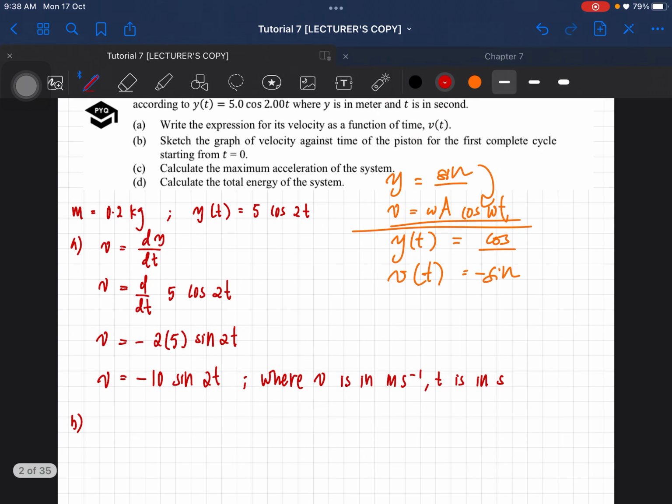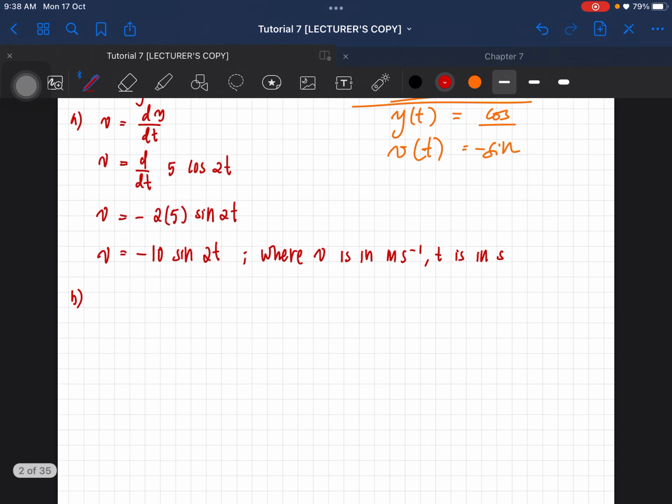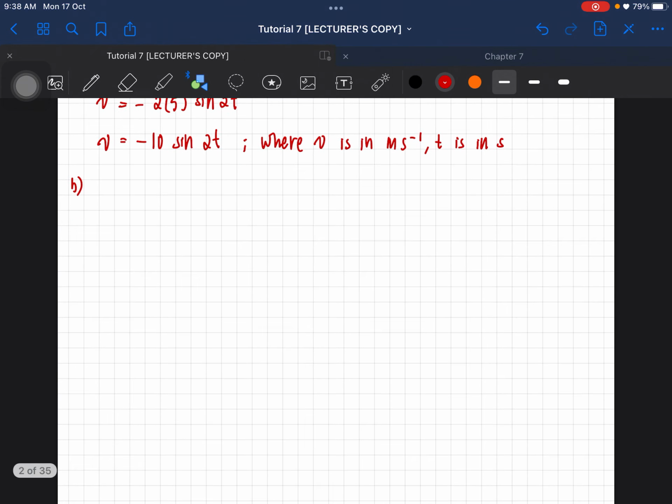Next, question B. We have to sketch the graph of velocity against time of the piston for the first complete cycle. For the first complete cycle, just starting from t equal to 0. So that's going to be like this. So assuming this is half the period, 1 2 3 4 5, 1 2 3 4 5.